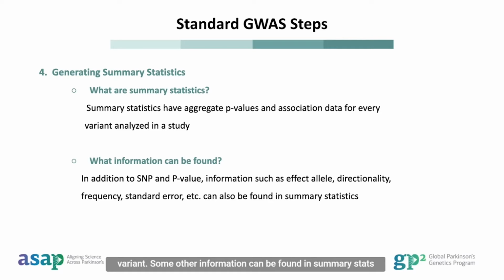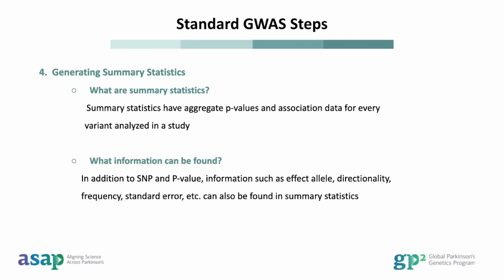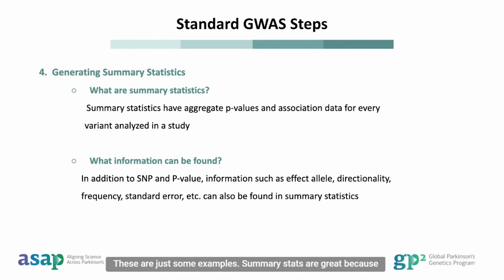Some other information can be found in summary stats, such as directionality, what the effect allele was, magnitude of effect in beta, which is the per effect allele change in a continuous trait, or odds ratios, which is the exponent of log odds in a binary trait, what the frequency of that variant is. These are just some examples. Summary stats are great because they provide a lot of information without providing individual level data, making it easy to share publicly in most cases.